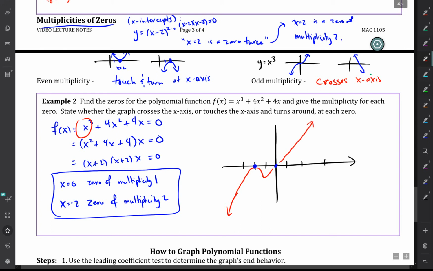So the picture is going to look something like this for f of x equals x cubed plus 4x squared plus 4x. I touch and turn here, and I pass through there. So: touch and turn at x equals negative 2, and pass through at x equals 0.